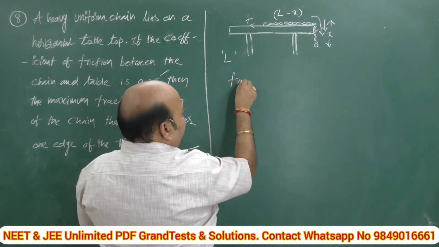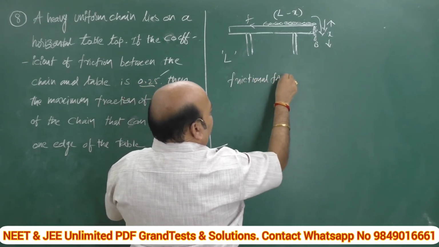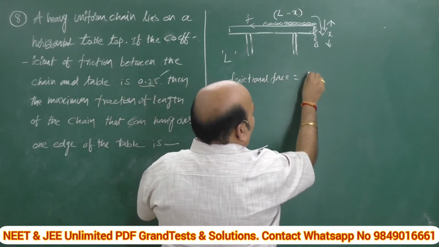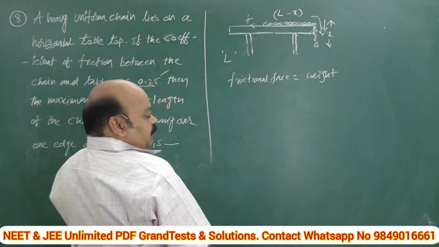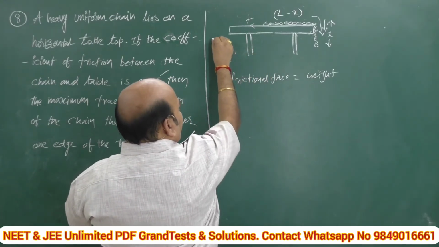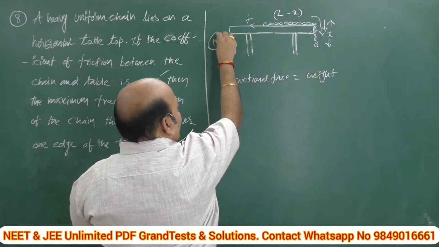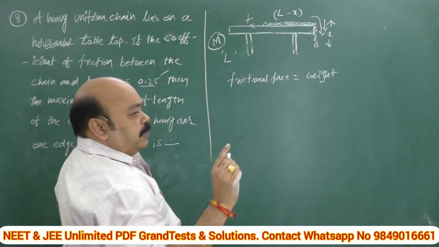That means the frictional force is equal to the weight of the hanging part. Since L is the total length, if capital M is the total mass of the chain, I am introducing one term, mass per unit length.